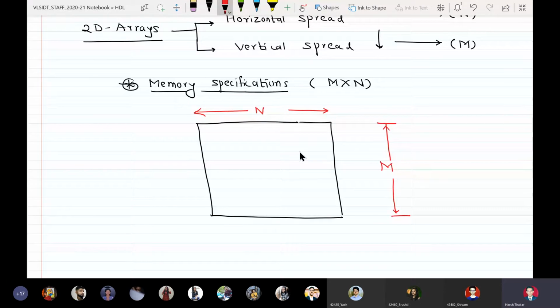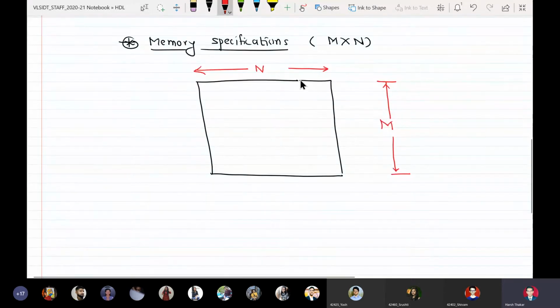Okay, and basically it is n bits and it is m words. So memory is always specified as m words by n bits.